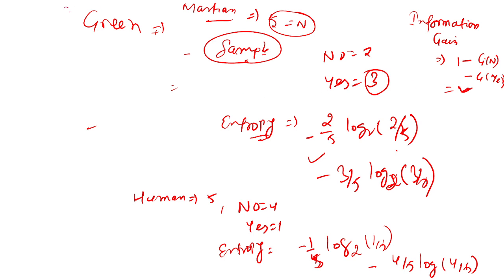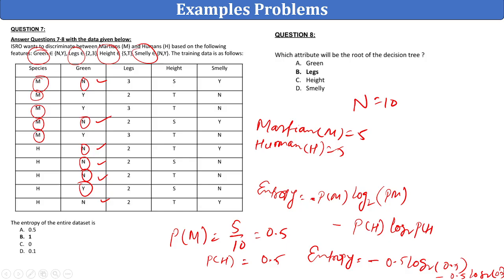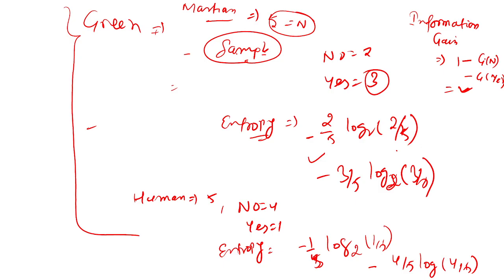Similarly, we'll go for all the cases: legs, height, smelly. So for green, we get one information gain.